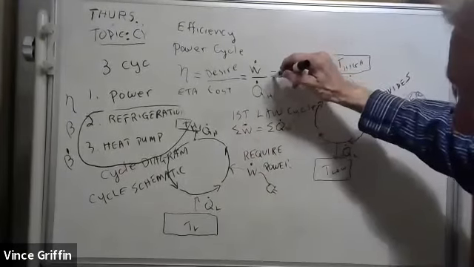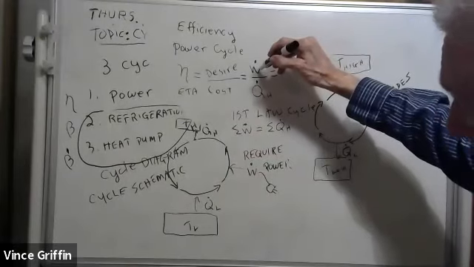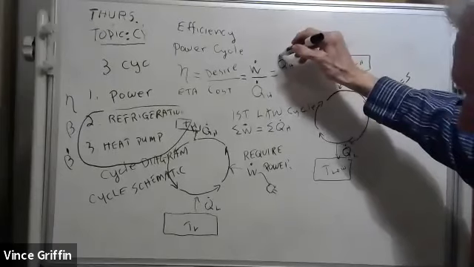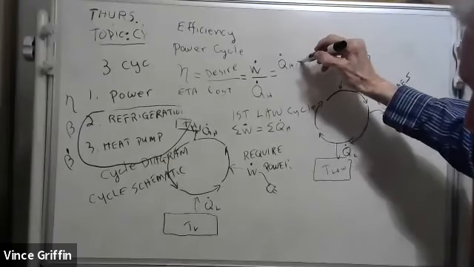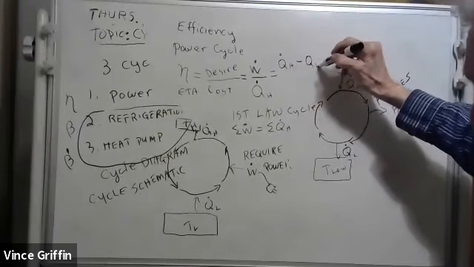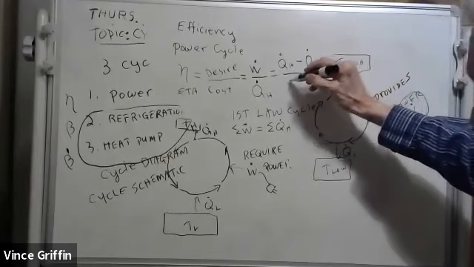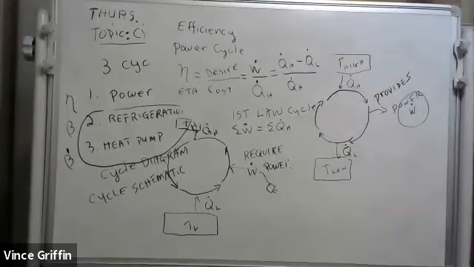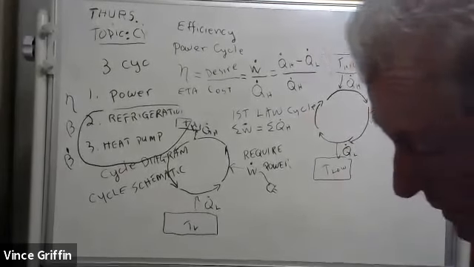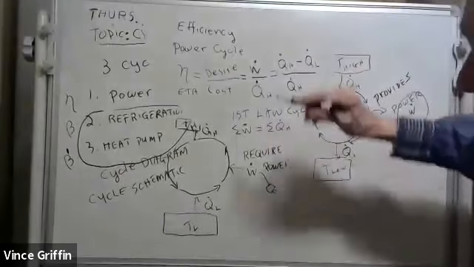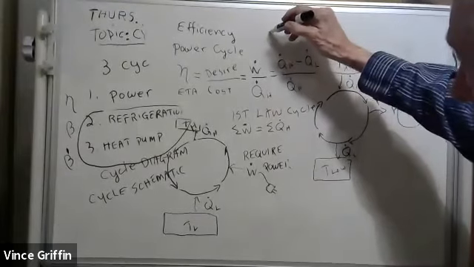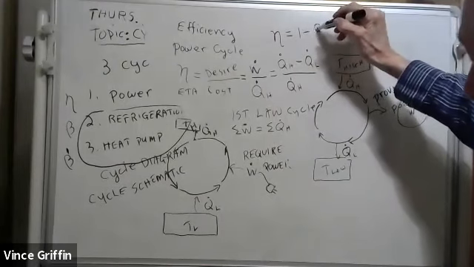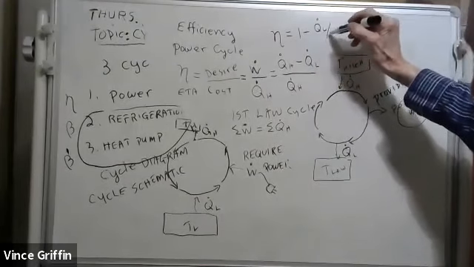So in this case here, you could write the power is the heat transfer QH dot minus the heat transfer QL dot. If you divide by QH dot, you get a nice equation for the efficiency of a heat engine or a power cycle. It's equal to 1 minus QL dot over QH dot.